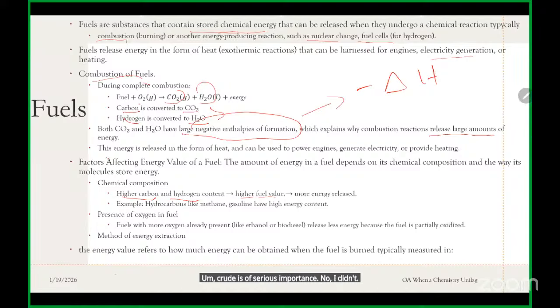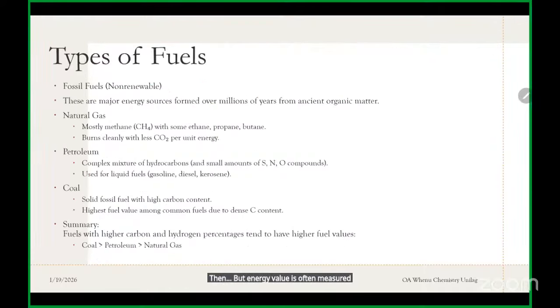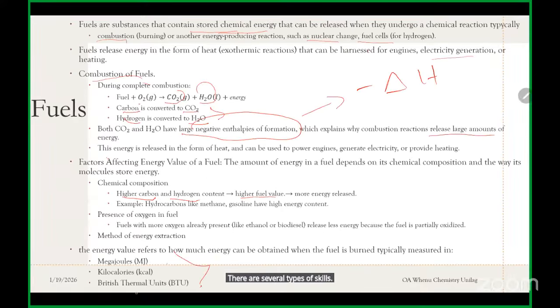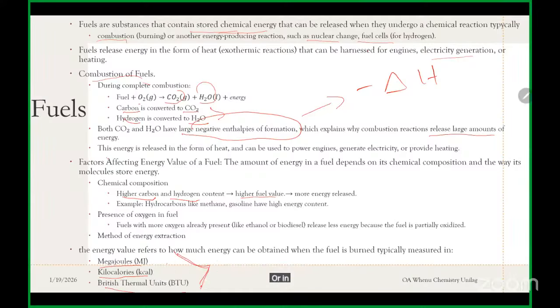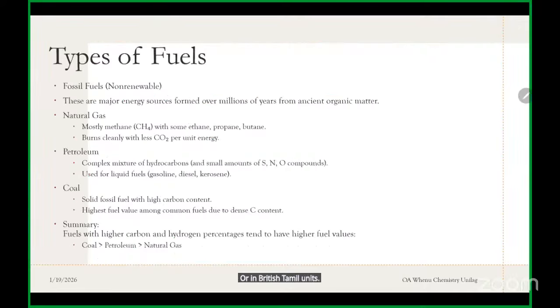That energy value is often measured in megajoules, kilojoules, or British thermal units, for those of us in petroleum engineering. There are different types of fuels, the fossil fuels and natural gas.